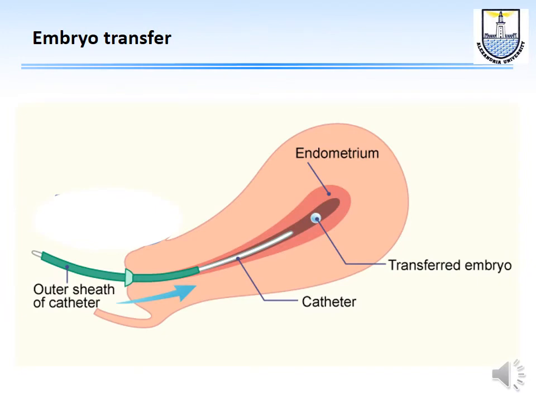And again, as I said, we go inside the uterus. We make sure not to hit the fundus. In fact, the farther away from the fundus you are, the better the results. Then we deposit the embryos slowly, gently, and then we wait for 30 seconds, and then we go outside.